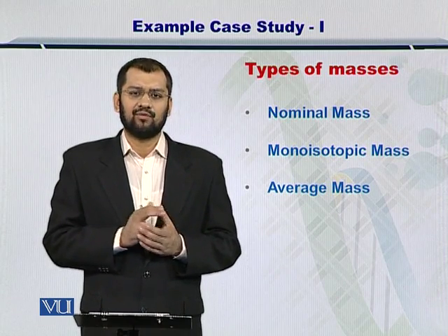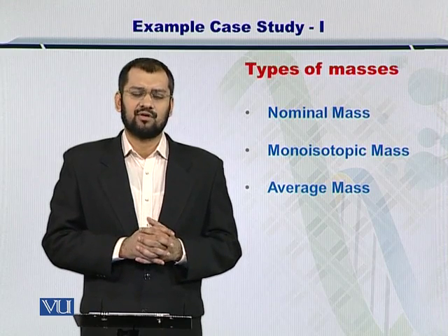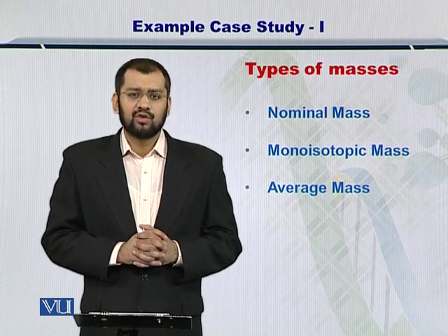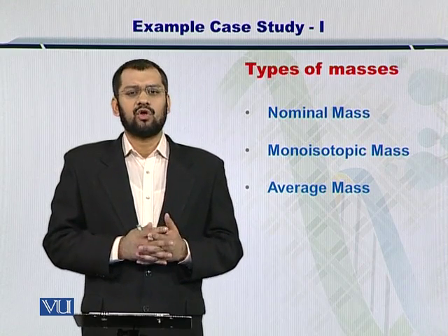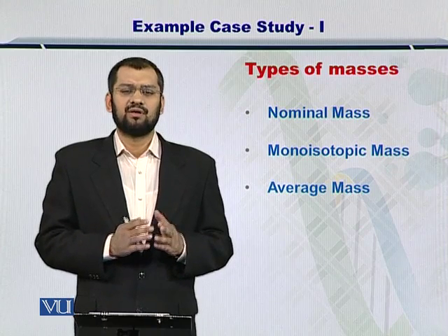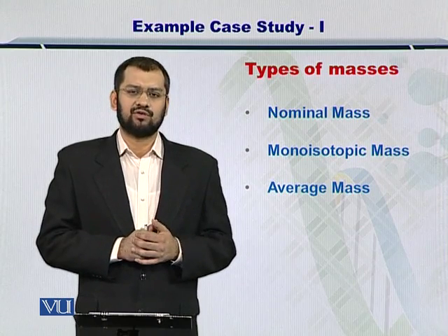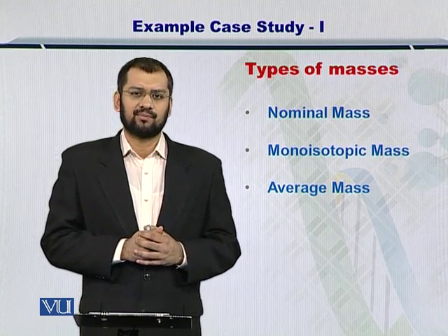Before I move on, I would like you to be introduced to the other types of mass definitions. For instance, the nominal mass. The nominal mass is simply the integer value of the monoisotopic mass. For carbon, it is 12. For hydrogen, it is 1, and so on and so forth.